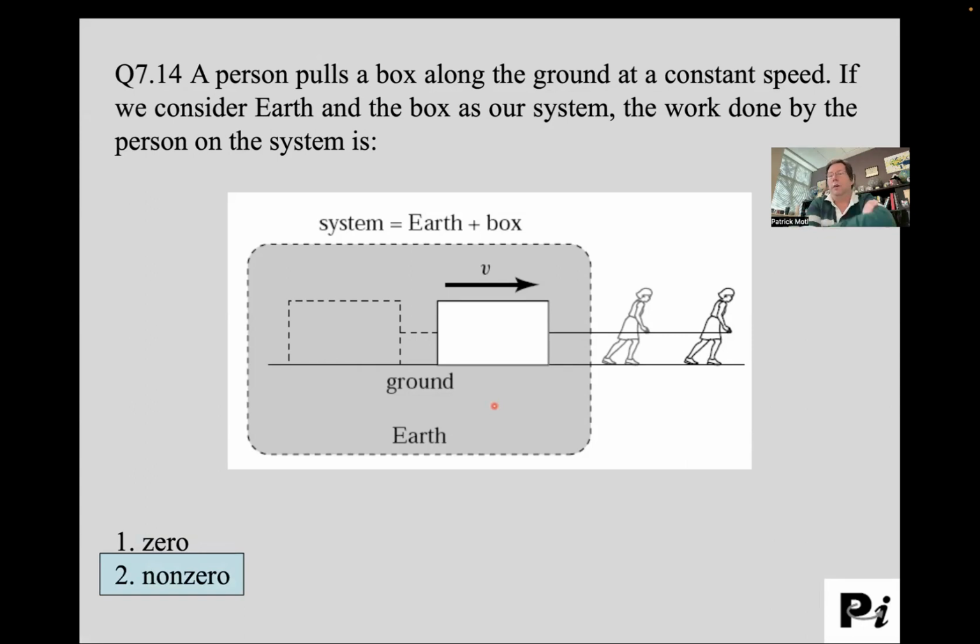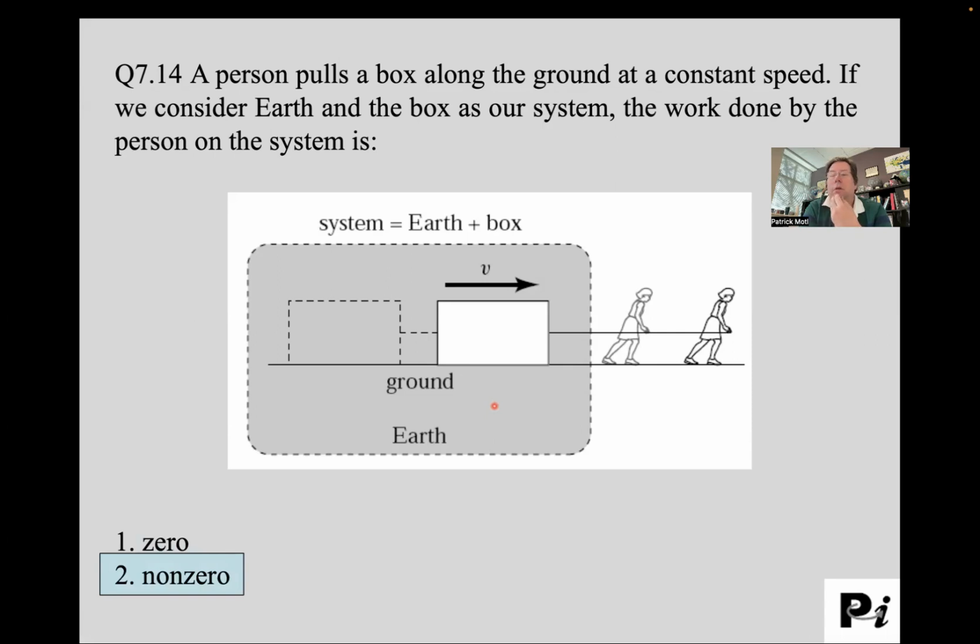So this is one of the catchy points, one of the difficulties in thinking about the work energy theorem. We're comfortable with the idea that forces between interacting objects are equal and opposite, from Newton's third law of motion, but the work done by those forces need not be equal and opposite. And in this case, they're clearly not.